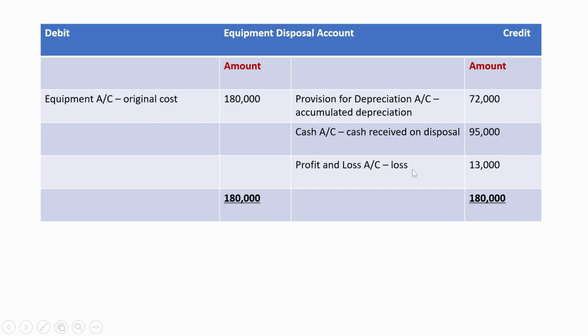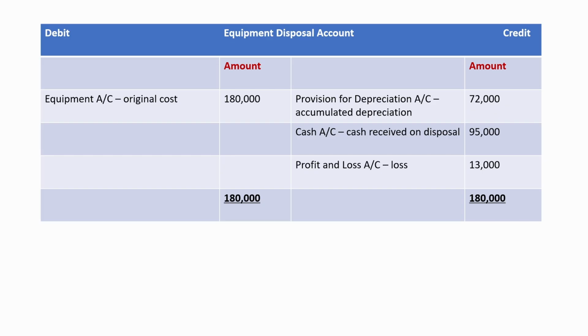We said if the balancing figure is on the credit side, it is a loss. So the balancing figure is 13,000. It will be taken to profit and loss account. If it was a profit, it would have been on the other side. It would also have been taken to the profit and loss account. So that is the simple way in which we prepare the disposal account.